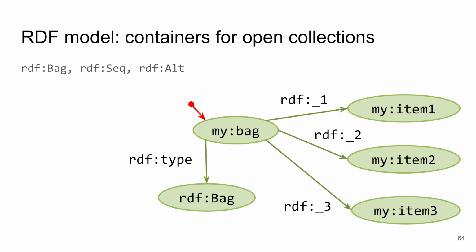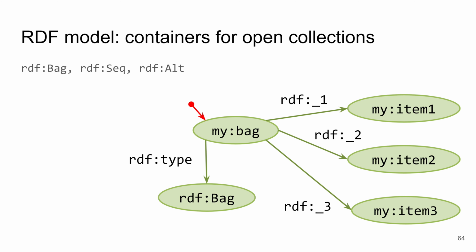The other type are open collections. So they are a bit simpler. Again, we may have a book has author, and the object will be this node with the red arrow identified by my bag. And the items of this collection are connected using the special predicates rdf:_1, _2, _3.